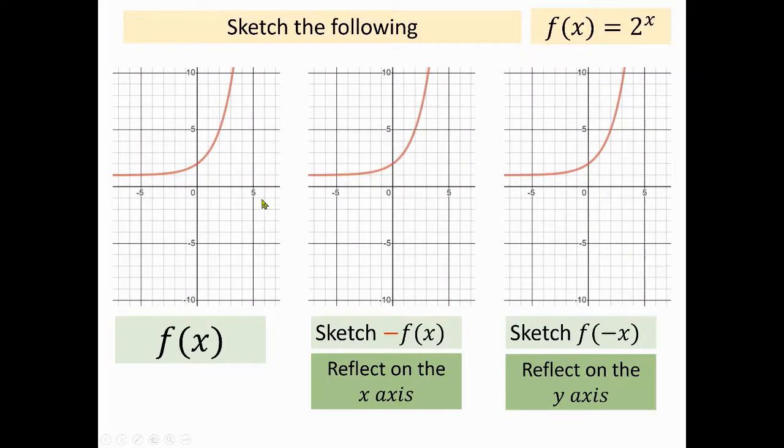Now, if you're given a graph, f of x equals 2 to the power x, and here's the graph actually plotted for you, and you're then asked to sketch negative f of x, that means it's a reflection on the x-axis. There's the x-axis, which means a good method is to just do this in your head, or maybe with a pencil, you can just draw a line down there. So you think that point will go down there.